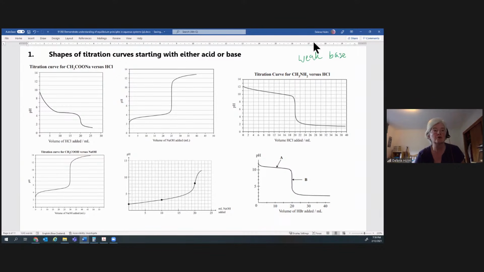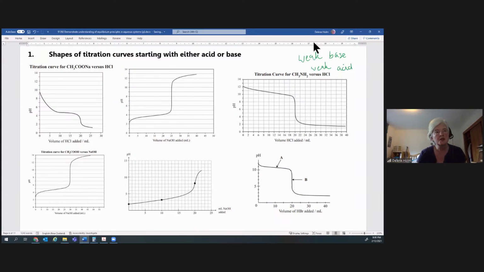Similarly, if you start at round about somewhere between pH 2 and 4, or you end at around about pH of 12, then you've got a weak acid. Okay.